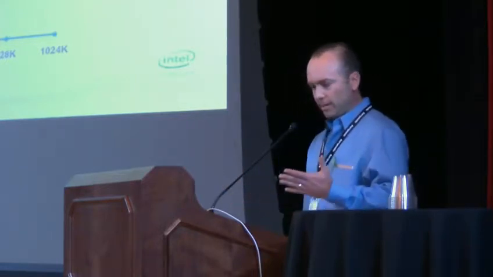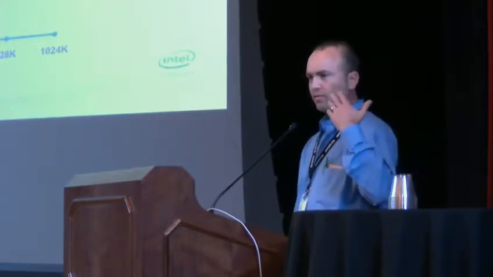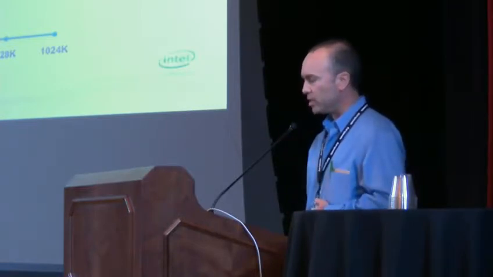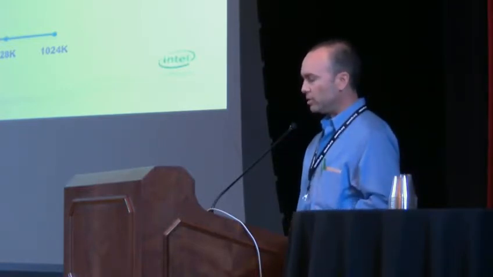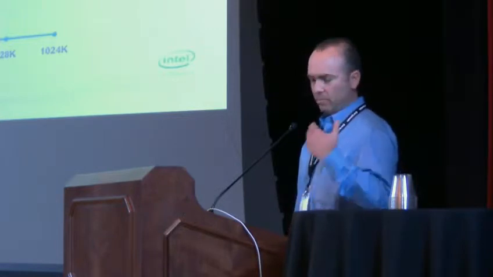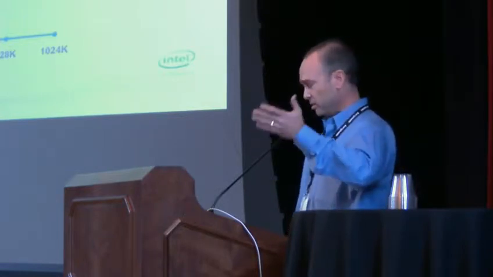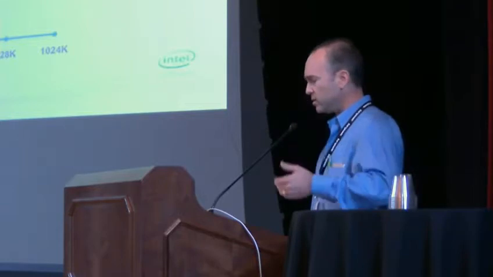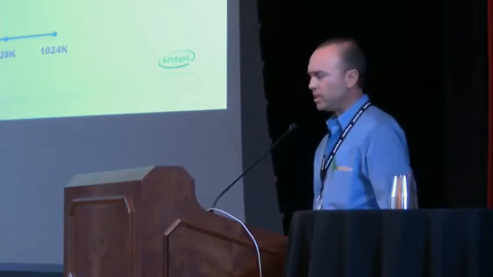Also, in a former life, I worked with some people that wrote applications, and inevitably I would get pulled into conversations about, hey, my application does 4 meg, 4K writes, and I'm seeing really poor performance. Can you help me?